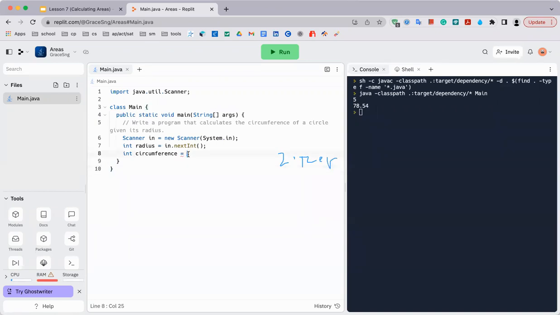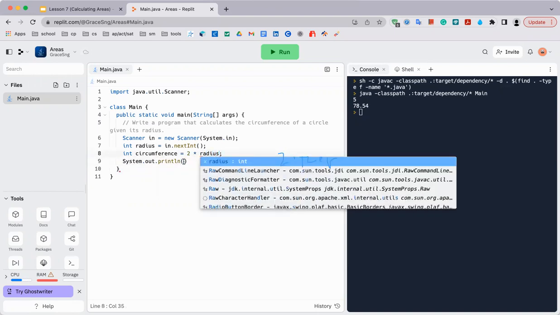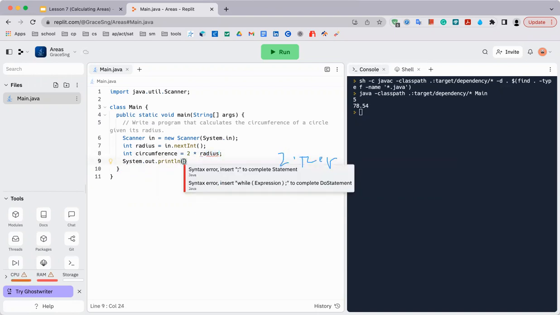So once again, we're just translating this into code using the operations we know. So here, if we're excluding pi, then circumference is just going to be equal to 2 times radius. When we print out our output, it's going to look like this: circumference plus pi.